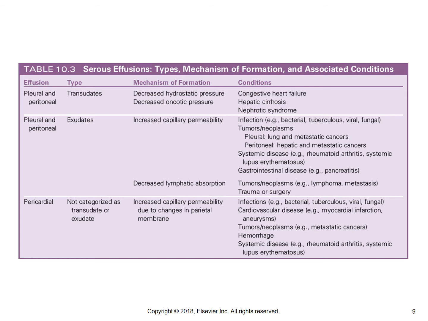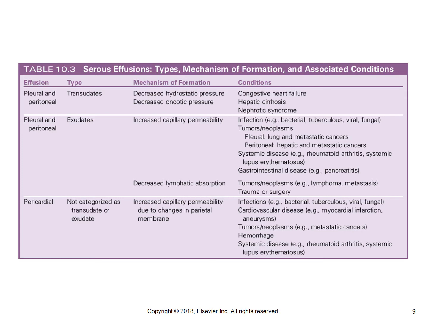So with the exudates in that category, you have an increased permeability leading to the increase in fluid accumulation with a decrease of absorption. So here you're seeing infections such as bacterial, viral, fungal, and tumors as well. And you can definitely see the difference physically in those changes.